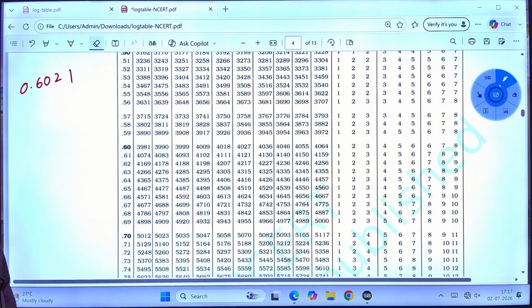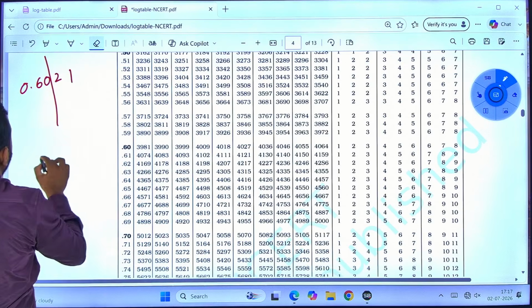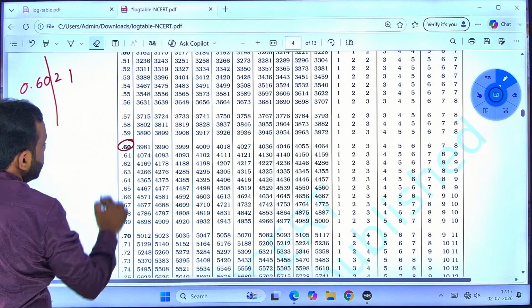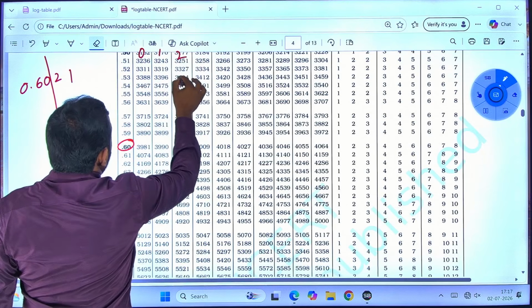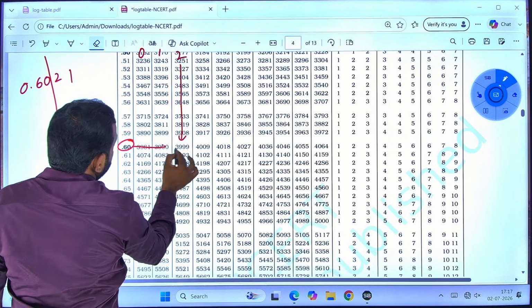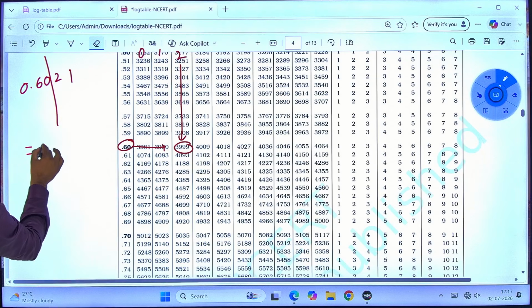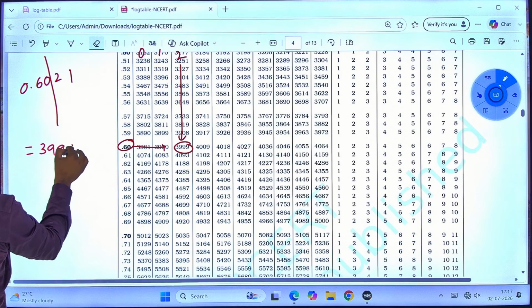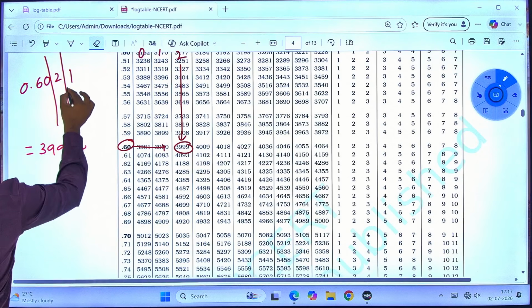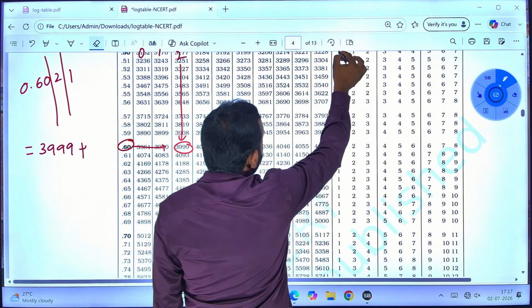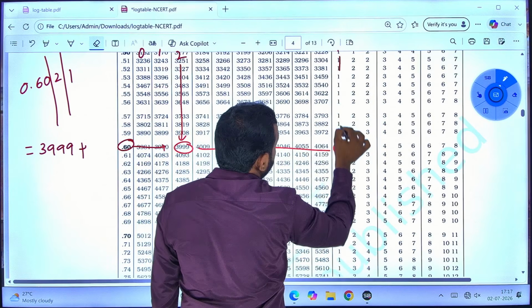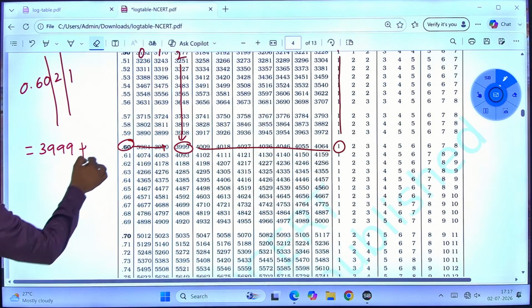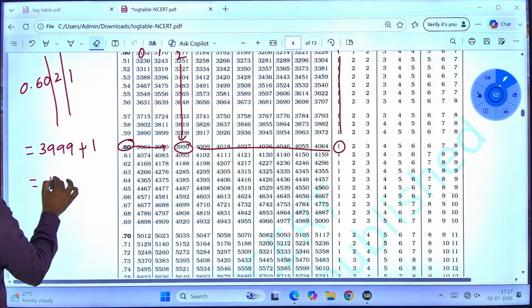For 0.60, under 0, 1 and 2, what is there? 3999, and the mean difference is 1. So add it: 3999 plus 1 is 4000.